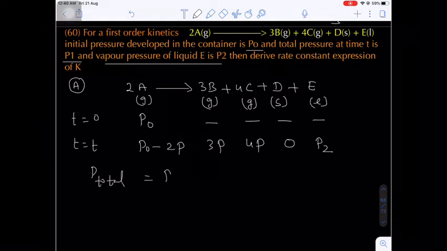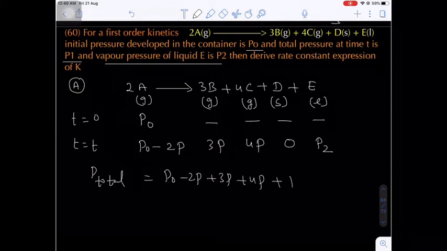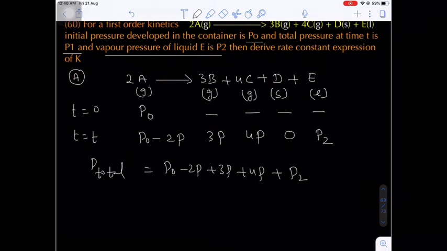P total will be equal to P0 minus 2P plus 3P plus 4P plus P2. P2 is the vapor pressure of the liquid. It is given. Suppose in the question the vapor pressure of the liquid is not given, then we have to assume it to be 0. Only for gaseous substances do we have to consider the partial pressure.